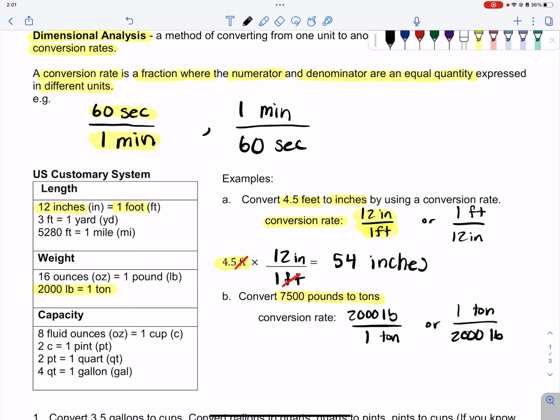So now I'm first going to start with what I've been given. We were given 7,500 pounds, and we want to convert that into tons. So we are going to multiply this by a conversion rate, and now I need to choose a conversion rate that has pounds on the denominator. So that's going to be my second one, the 1 ton over 2,000 pounds, and that's what we're going to multiply by.